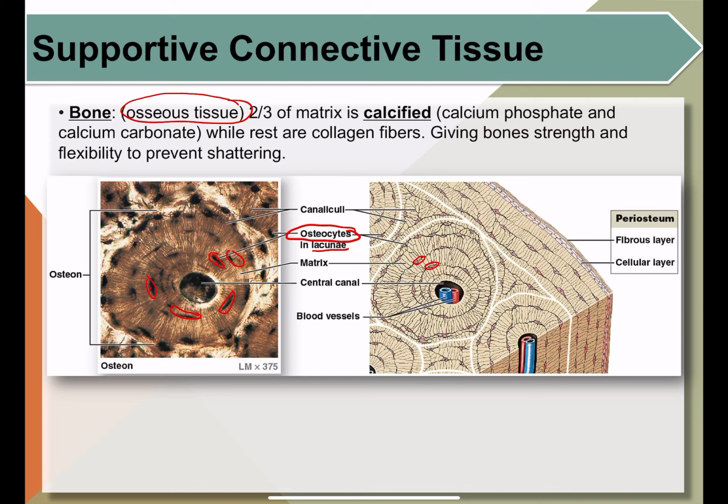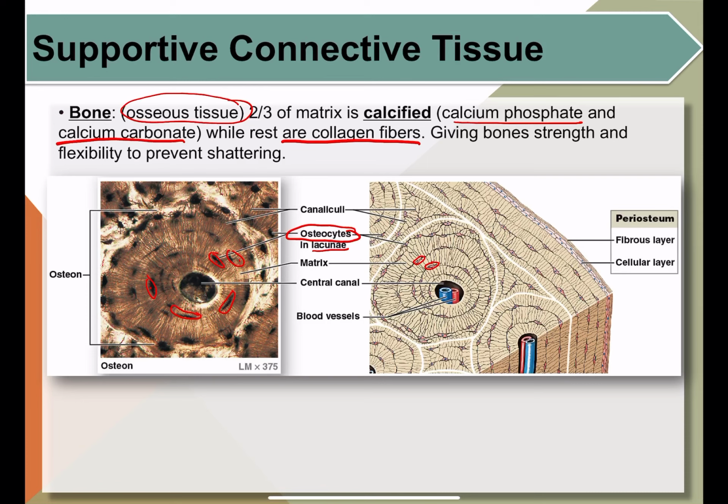Now, two-thirds of the bone matrix is made up of calcified material, including calcium phosphate and calcium carbonate. I'll talk about these in detail in the next chapter, chapter 6, for the skeletal system. The rest of it is collagen fibers, okay? Wherever there's supposed to be structural support, you will see collagen fibers, okay?